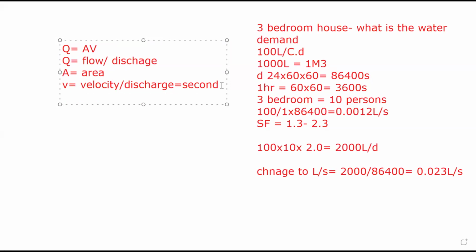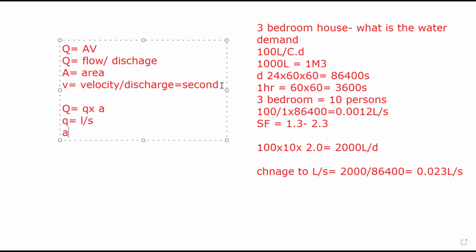Now, this formula can also be written as, which other way can I write it? Q equal to small q times small a, whichever way, where Q, small q, is in liters per second. Who remembers that?